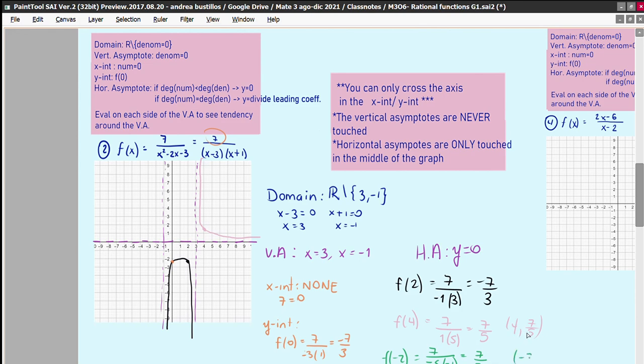So at -2, the function is 7/5. That is around here. Because this is a number close to my vertical asymptote and it is positive, my function is going to go into positive infinity. And again, I have no other choice but to get close to the horizontal asymptote without ever touching it. And that's it.